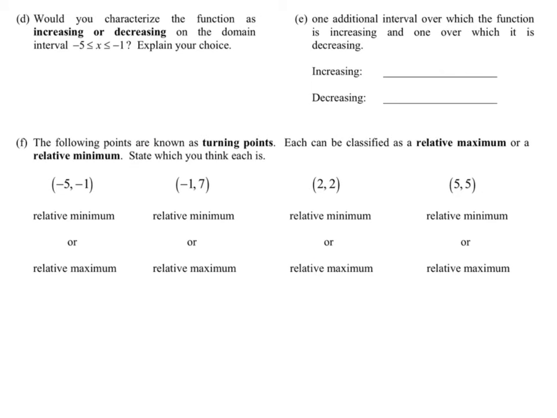So would you characterize the function as increasing or decreasing on the domain interval of -5 to -1? So we are looking from left to right. Does it increase or decrease? Well, that one increased. If you're looking at the paper in front of you, you would see that it was going up from left to right. Give one additional interval over which the function is increasing and one which is decreasing.